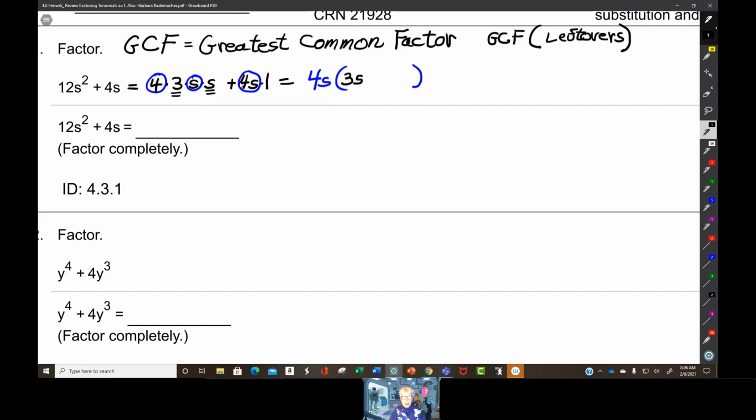In the second term, I have a 1 left over and a plus sign in the middle, so plus 1. This is the factorization of 12s squared plus 4s.